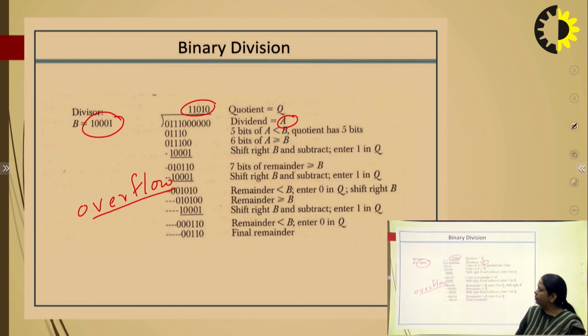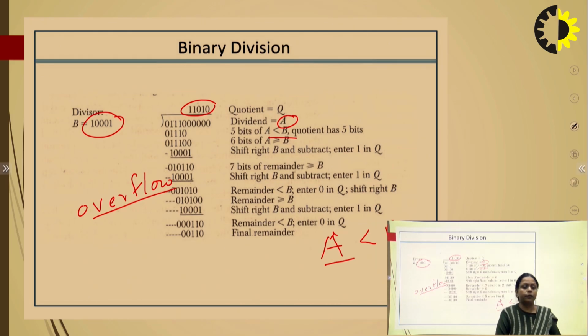To find out the problem, we have to use this condition: if the value of A is less than B. In A the higher order bits of the dividend are stored, and in B we have stored the divisor. So if the higher order bits of A is less than the divisor, then that means the quotient will have 5 bits.